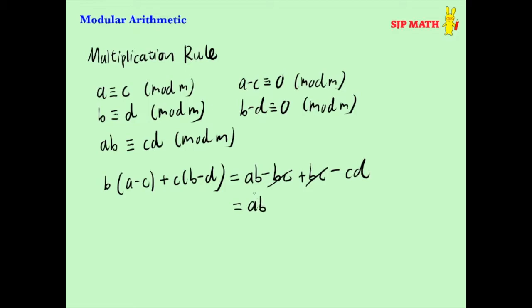To get that, this is equal to A times B minus C times D. We know that this is a multiple of M. So we know that if some value minus some value is a multiple of M, then those two values are congruent to each other in modulo M. So A times B minus C times D is a multiple of M. Therefore, A times B is congruent to C times D mod M. So here we proved the multiplication rule.